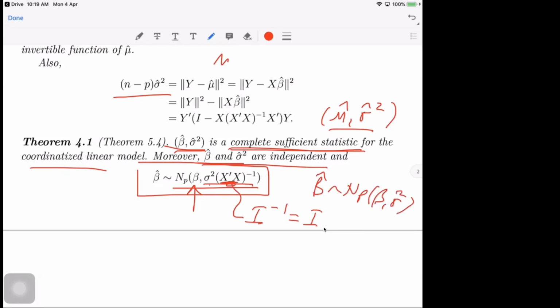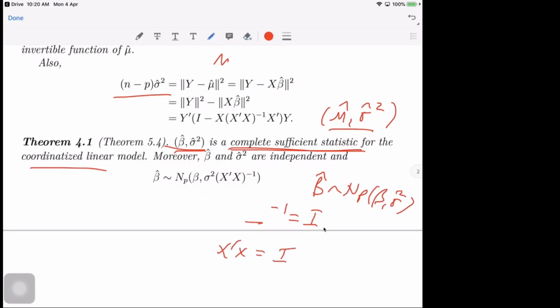Pero kung orthonormal basis ang ato ang x, kay pag orthonormal man gud ang x prime x is just equal to the identity. So in general, inani ang formula sa ato ang inani ang itsura sa atong variance. But if we are dealing with orthonormal basis, that will be simplified.